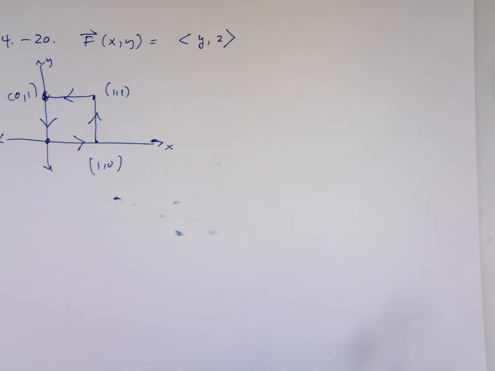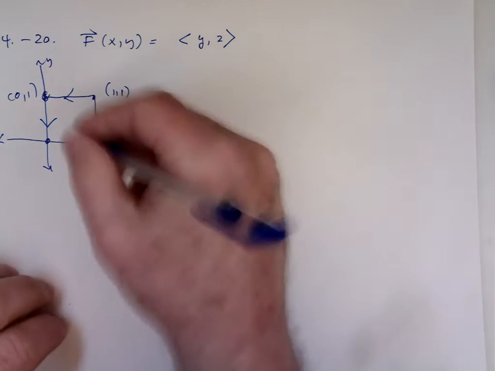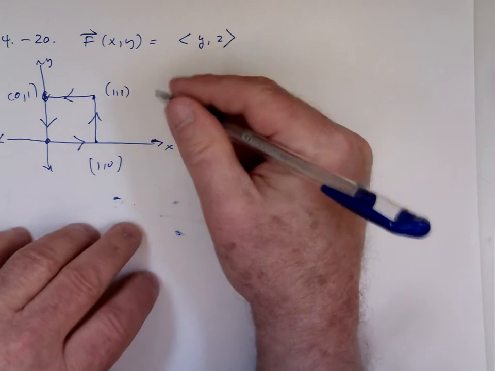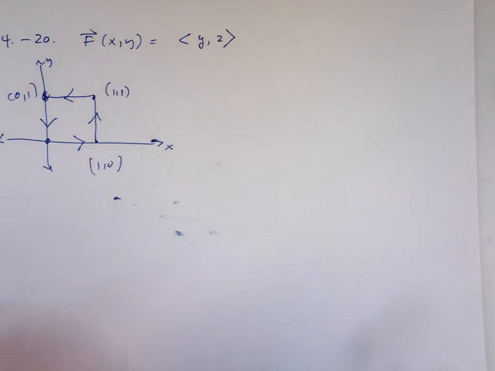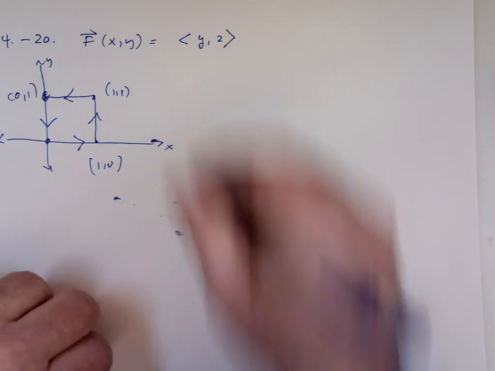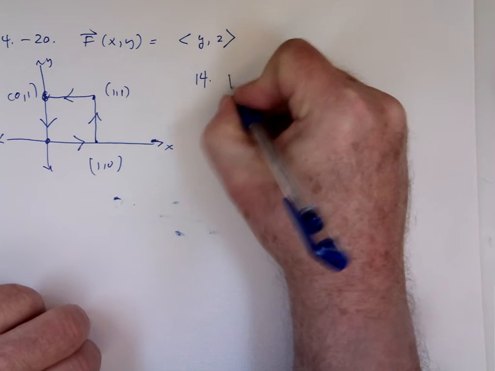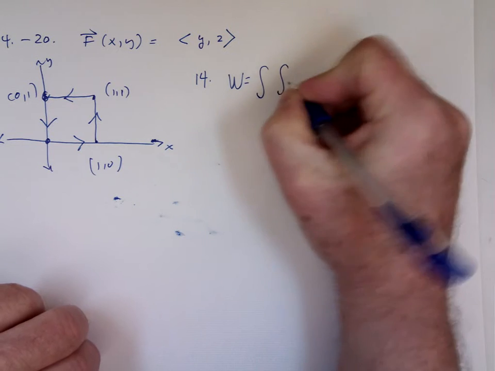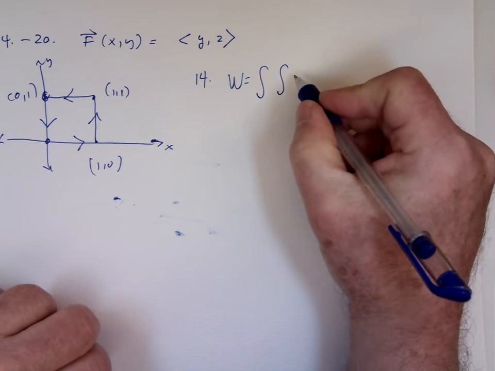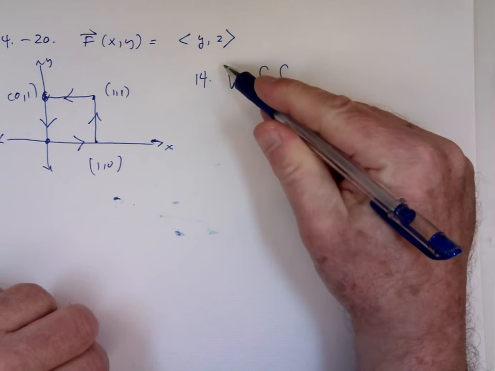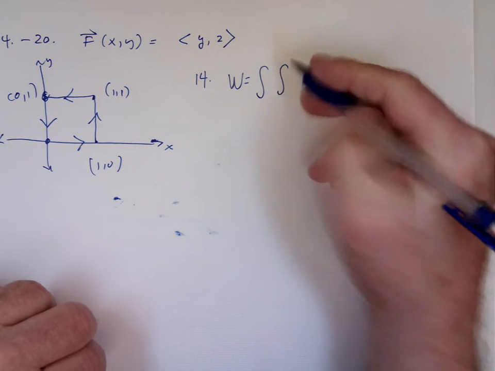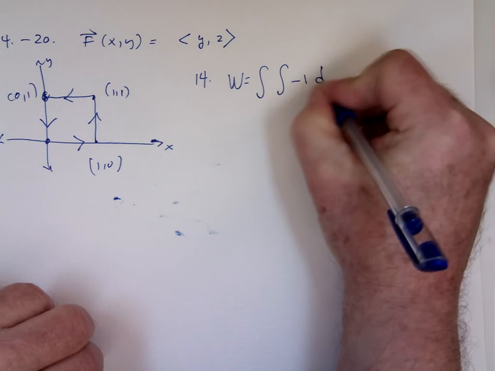Okay. All right, counterclockwise, find a double integral that gives you work with Green's theorem. That's the double integral. It's the partial of n with respect to x, 0, minus the partial of m with respect to y, 1, dy dx.